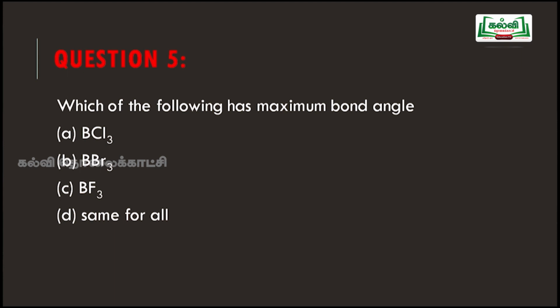See, when the electronegativity of the bonded atom, the surrounding atom, decreases, bond angle increases. So we know which is more electronegative. Fluorine is more electronegative than chlorine. Chlorine is more electronegative than bromine. So as electronegativity decreases, bond angle increases. So the correct option is B. Boron tribromide has the maximum bond angle.